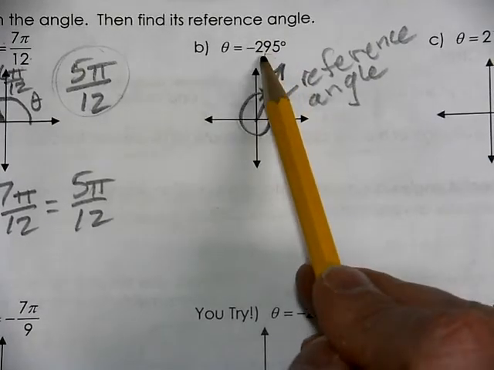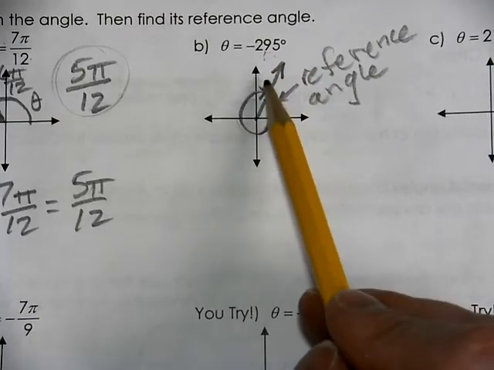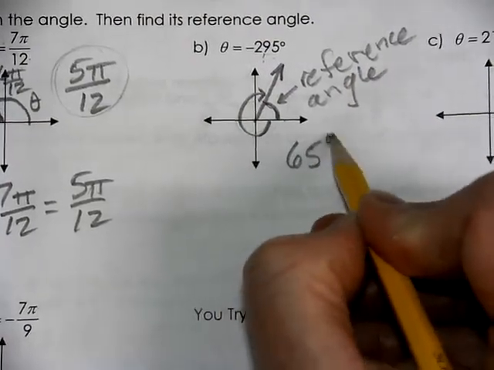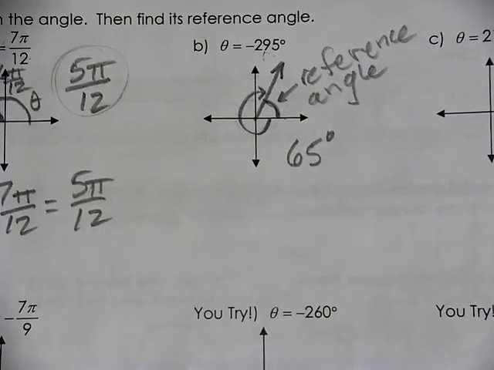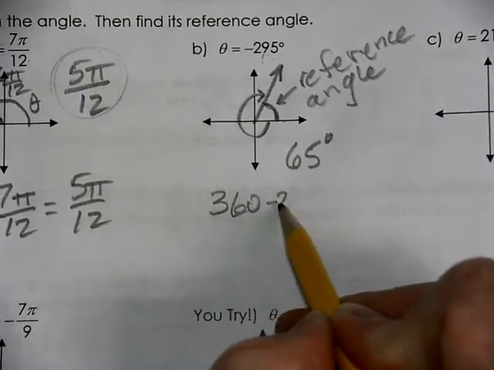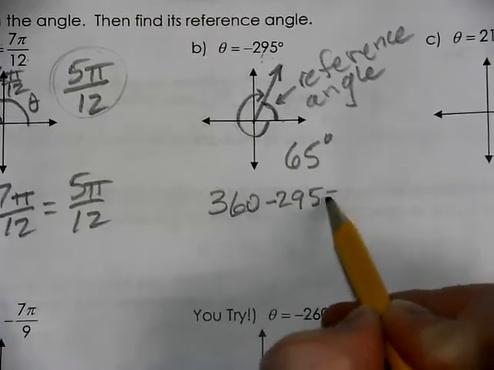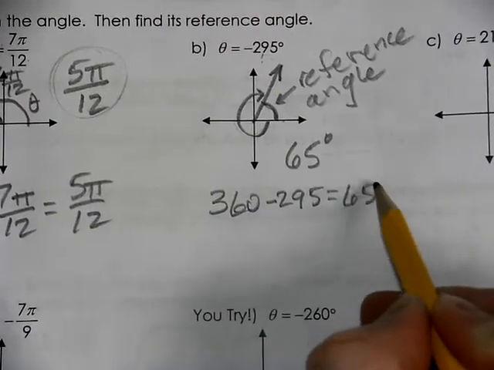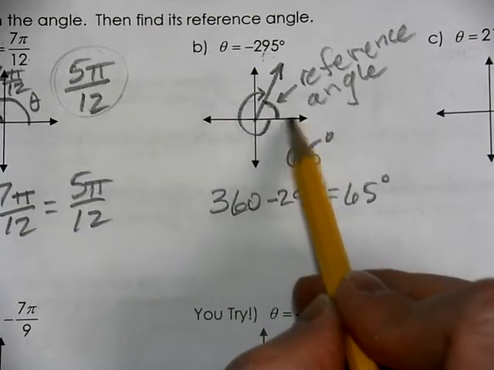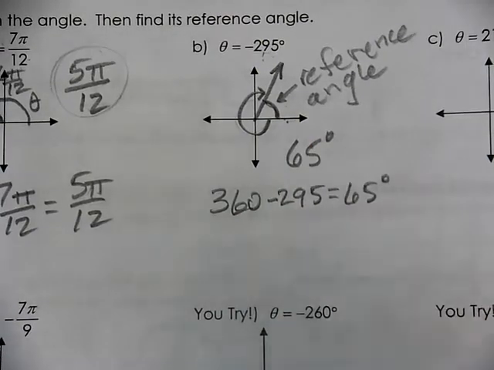So since it's 295, it's going to be 65 degrees. 65 degrees is your reference angle. That would be 360 minus your 295, which gives you the 65 degrees. Because you're measuring to the 360 marker, that would be a way to think about it.